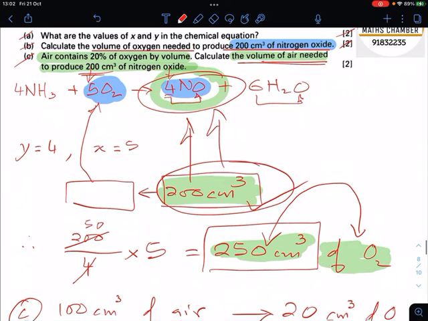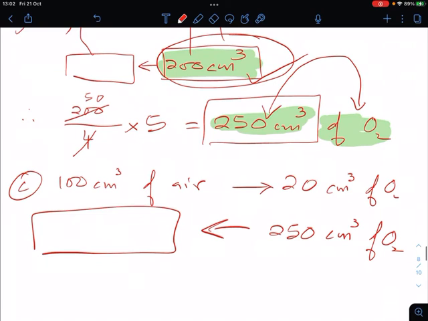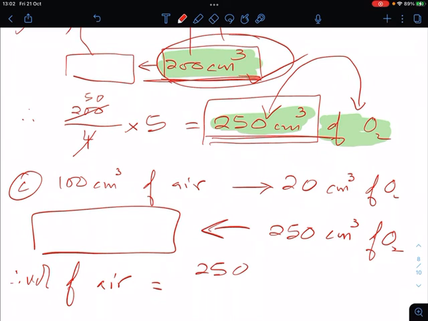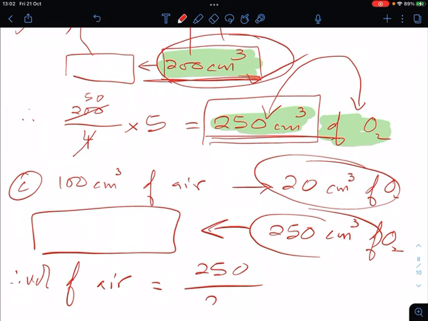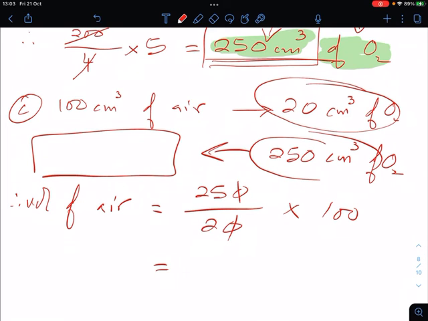The volume of air needed will be 250 divided by 20, multiplied by 100 cubic cm. Done deal. Cancel 2, and this becomes 25 times 50, which gives you 1250 cubic cm of air. That's all. Very simple.